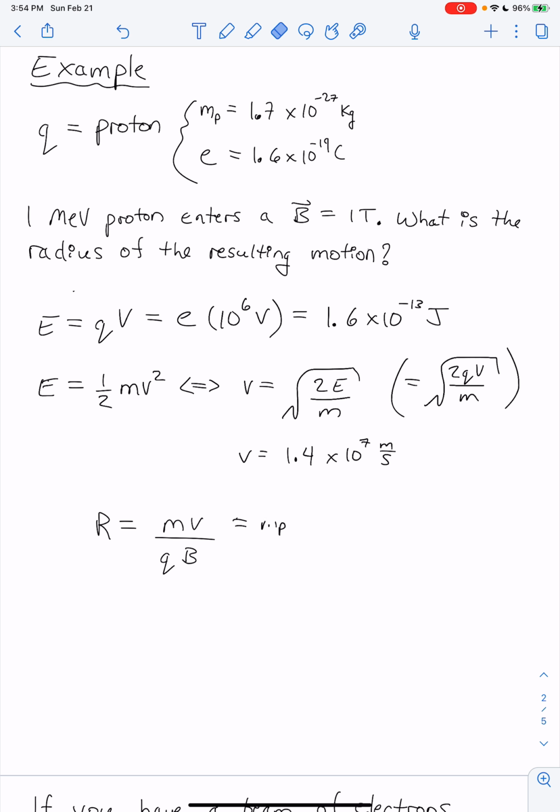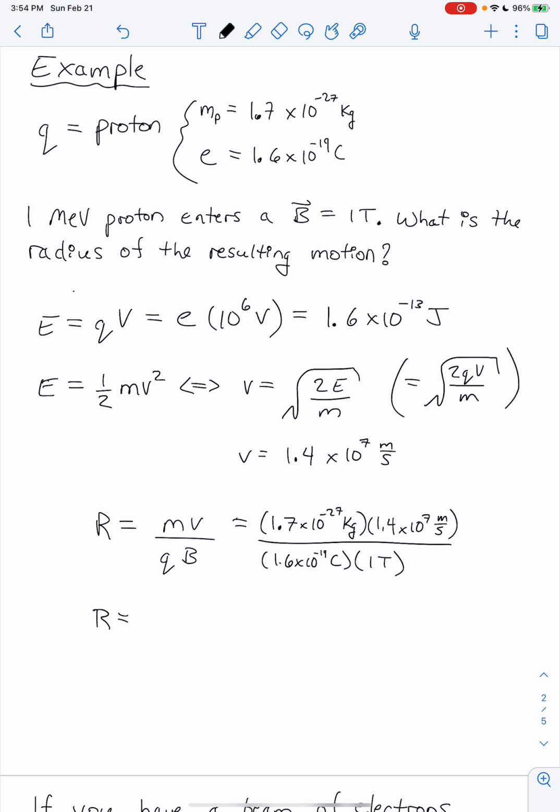This is the velocity that we just found, so we can just substitute in our values. And if we do that, we get a radius of 0.15 meters, or 15 centimeters.